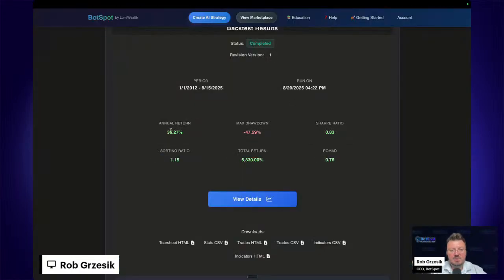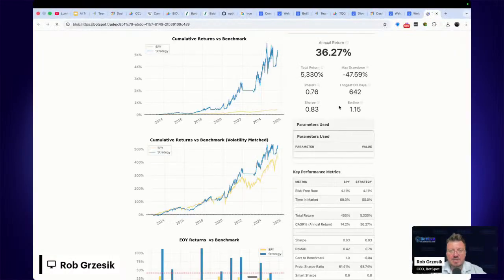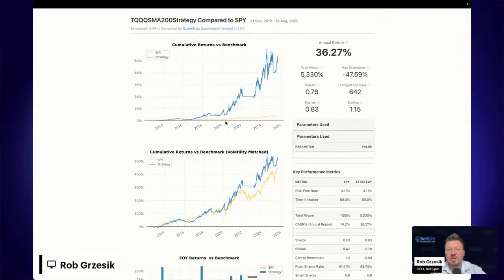This is the back testing results. It's 36% annual return. And here's our tear sheet of what it looked like over a 13-year period. This is why I like it. It's been performing quite well over a very long time period, so it gives me a lot of confidence to run this. So let's see what happens.